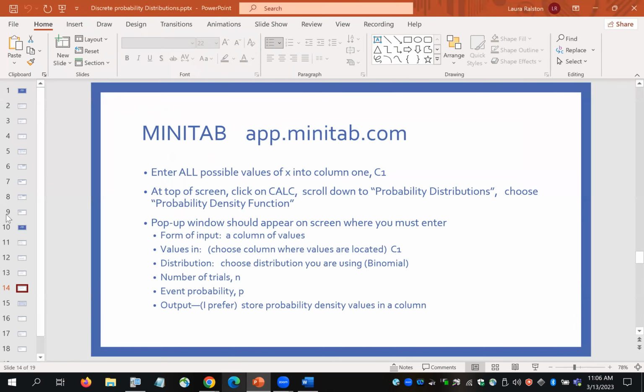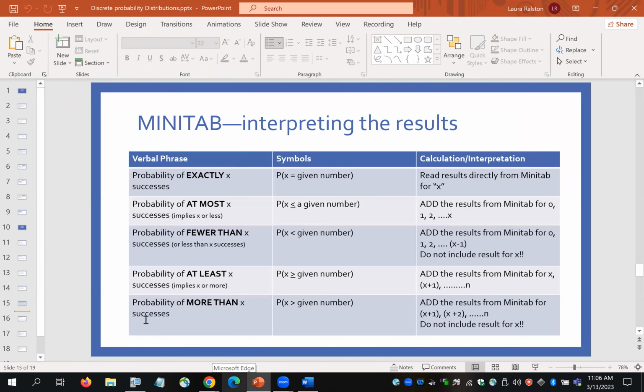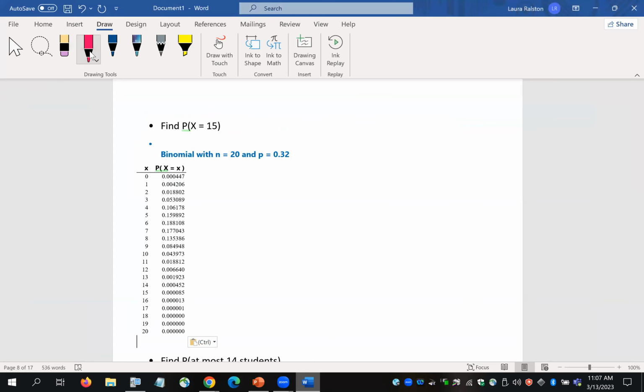If we go to slide 15 to look at our table that Miss Ralston says to make your BFF, we're looking for exactly or equal, and it says read results directly from Minitab for X. So I've created my table and I'm looking for X equals 15.